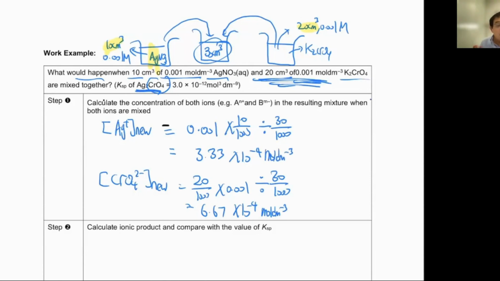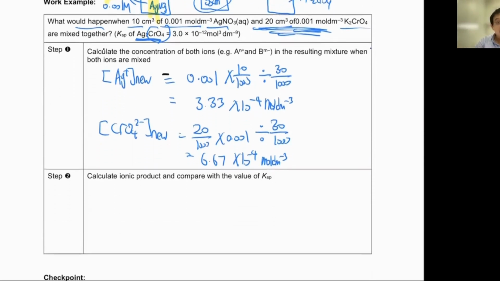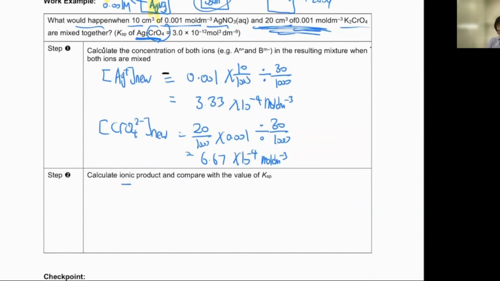Okay, so once we got all these concentrations already, what do I do next? I want to compare in terms of IP. Then I know whether it precipitates or doesn't precipitate. And I just mentioned to you that the ionic product, IP, has the same mathematical expression as KSP. So what does it mean?